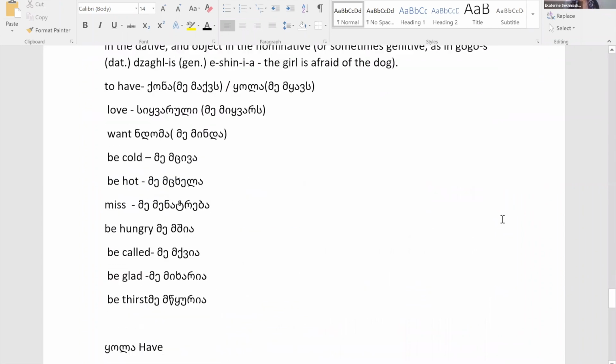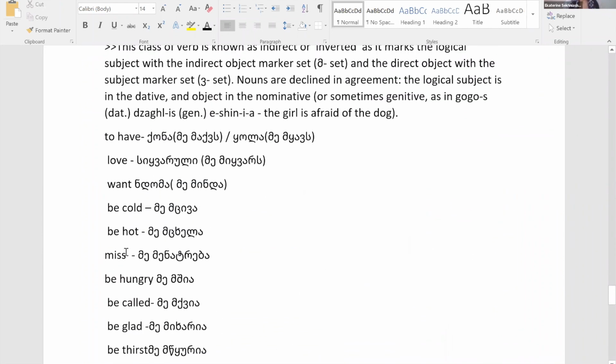For example, this is the list of the verbs: kona, to have, and qola, to have. We use two different verbs for possession, for animate and inanimate. Then siqvaruli, to love, me miqvars. Me minda, I want. Me mtsiva, I'm cold.